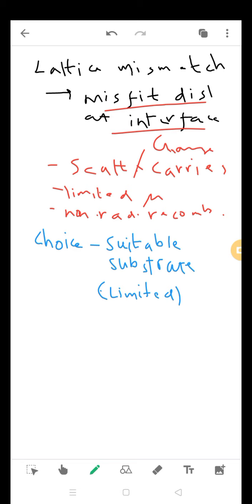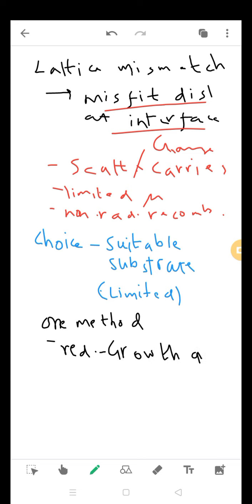One method which can be employed, which causes a reduction of growth area, is called nano heteroepitaxy, NHE.